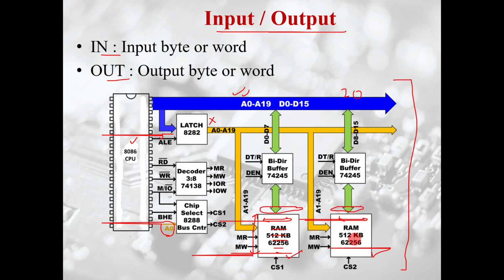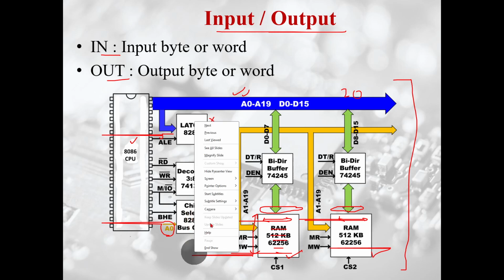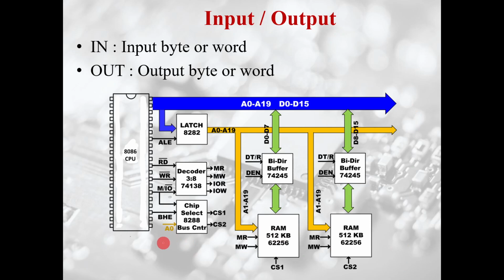If it is 1, this chip will be selected. Somebody has to tell which one is to be selected, and that function is done by the chip select. The A0 information is also coming to this chip select. So if A0 is 0, this chip will be selected, and if A0 is 1, this chip will be selected. We are just talking about the memory operation.